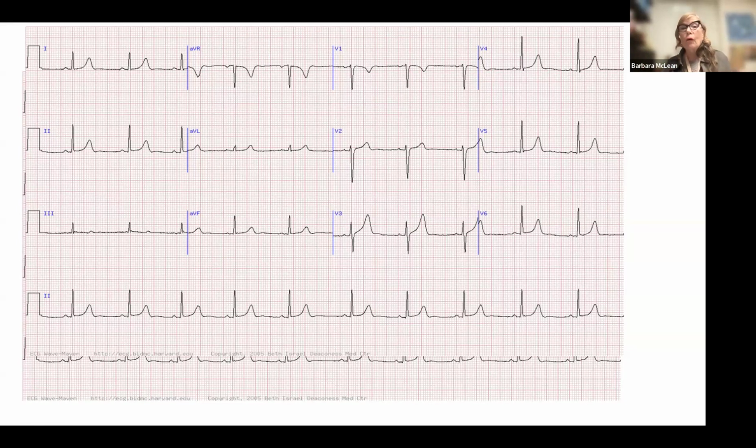So when I'm quickly looking at an EKG, the first thing I do is a quick look at axis, up and up, normal axis, and V1 through V6, looking at the progression of the R wave, starts small, gets bigger, and should take a normal amount of time. Time is measured by the width.